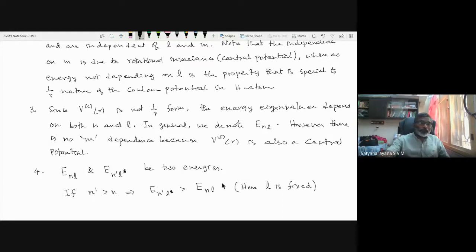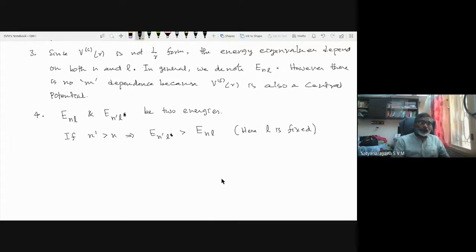So this is the first one. And second is that suppose you have ENL and ENL prime. So here N is fixed. Then if L prime is greater than L, then ENL prime is greater than ENL.